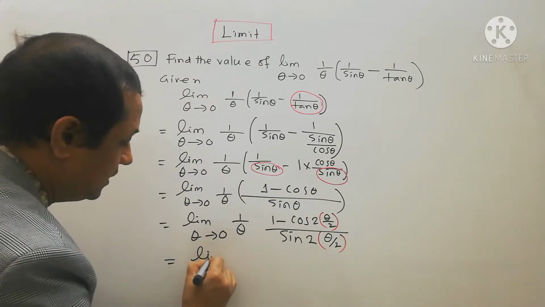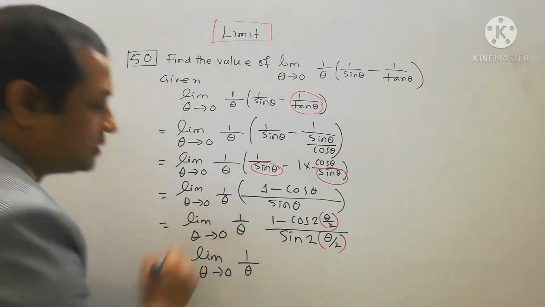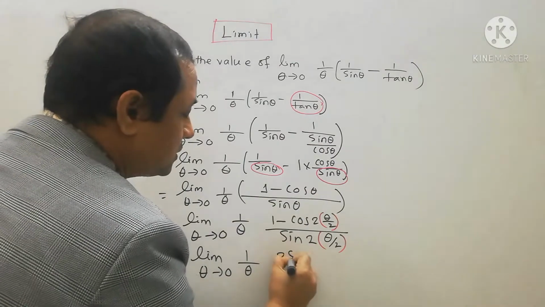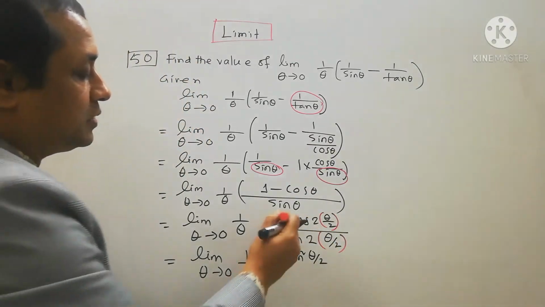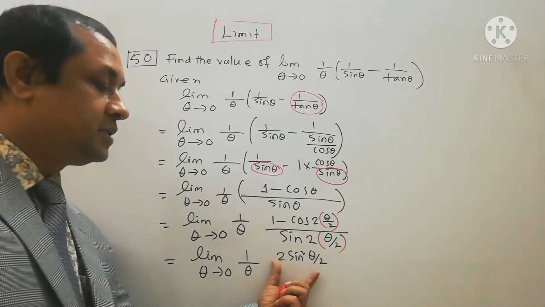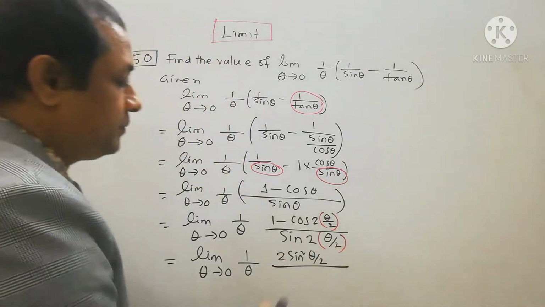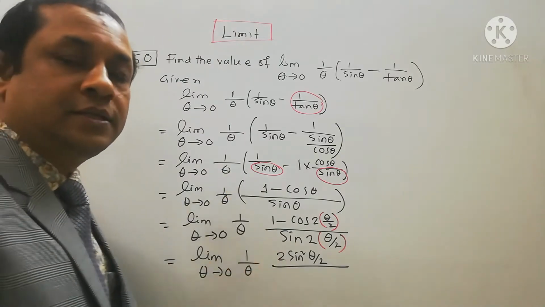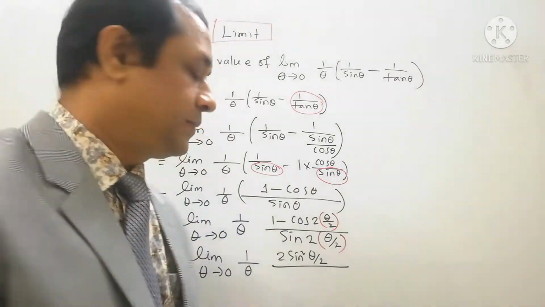Now limit theta tends to 0, 1 by theta. Now here using the formula 2 sine square theta by 2. Here the formula 1 minus cos 2 theta equals 2 sine square theta. This is the formula, and the denominator will be using the formula sine 2a, we know that sine 2a equals 2 sine a into cos a.